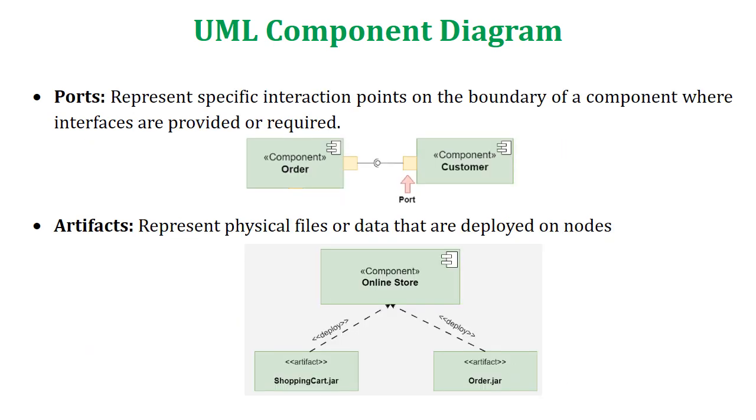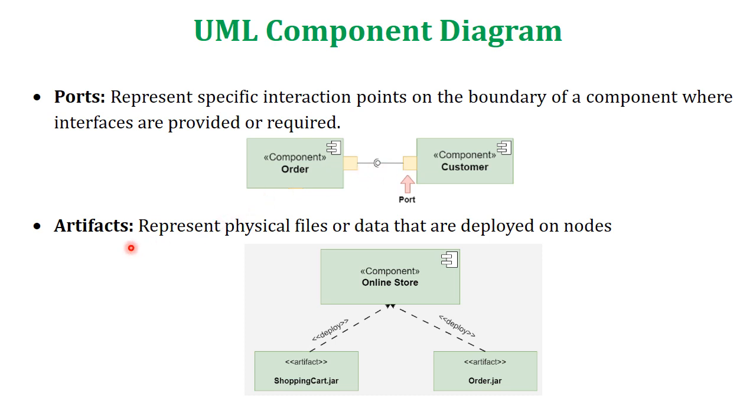Next one is a port. It represents the specific interaction point on the boundary of the component where the interfaces are provided or required. See here, at the end of the component the port is attached. Each component communicates through the port only.